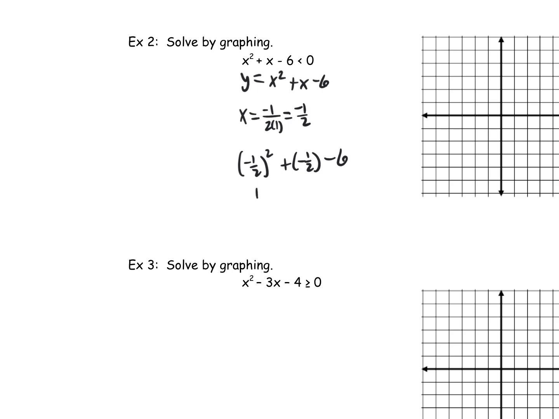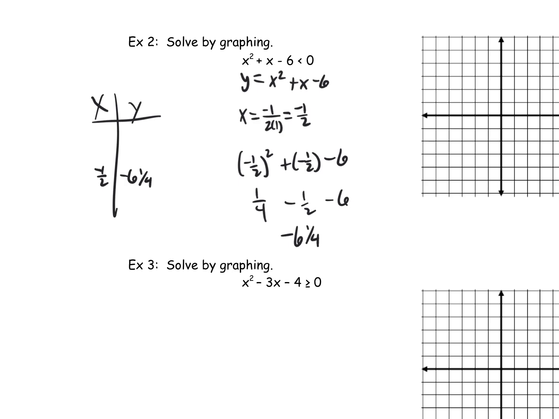Negative 1/2 squared is 1/4, minus 1/2, minus 6. 1/4 minus 1/2 is negative 1/4, and negative 1/4 minus 6 is negative 6 1/4. So that is our vertex. So at x of negative 1/2, we have a y value of negative 6 1/4.